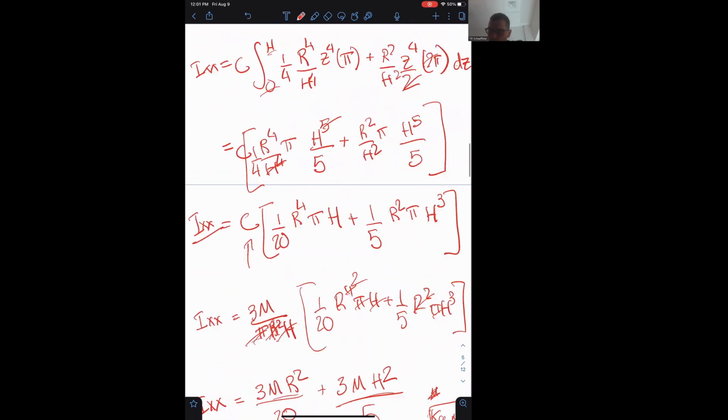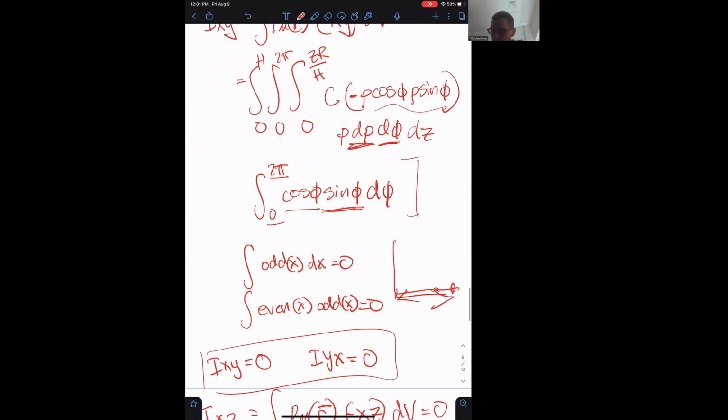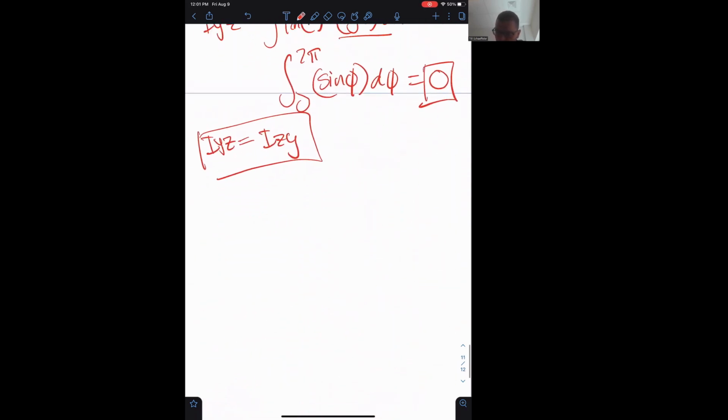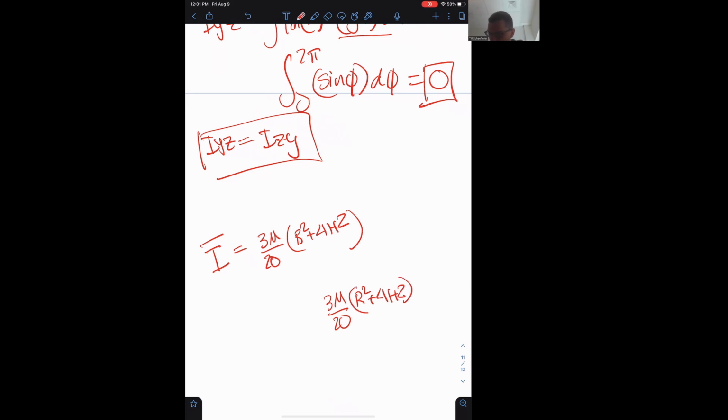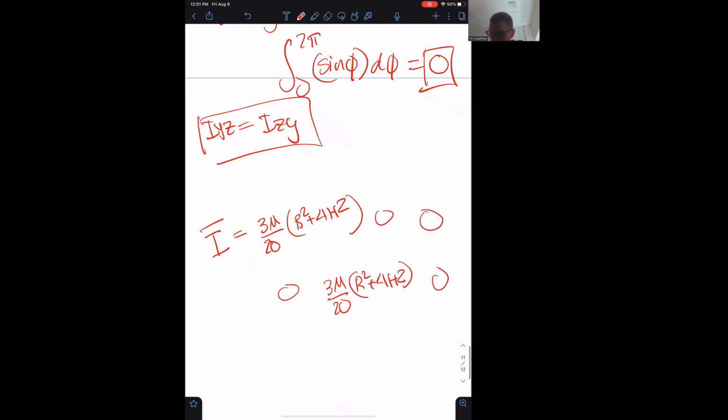So let's write the final moment of inertia tensor. It is equal to Ixx, and Ixx and Iyy were actually equal to each other. They were both 3 over 20 times m times (r squared plus 4h squared), and then zeros for the off-diagonal entries.